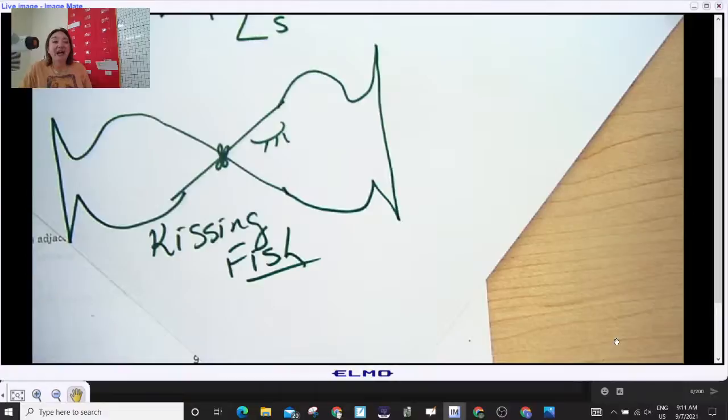Why? I have no idea. It has nothing whatsoever to do with vertical. Kiss and fish, vertical, doesn't mean anything. I've never seen fish kiss in the wild. I don't know what it would look like. If it would look like this, I feel like it would not, right? I don't know why he did this, but he did. He called them kiss and fish.